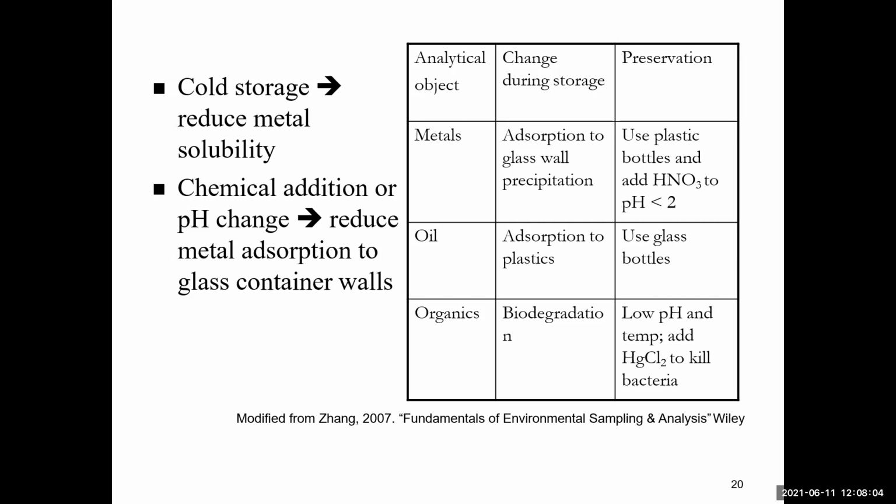In oil, absorption to plastic; in organics, biodegradation. For preservation, use plastic bottle and HNO3 to bring pH below 2. Use glass bottle for oil and organics, low pH and temperature, add HgCl2 to kill bacteria.